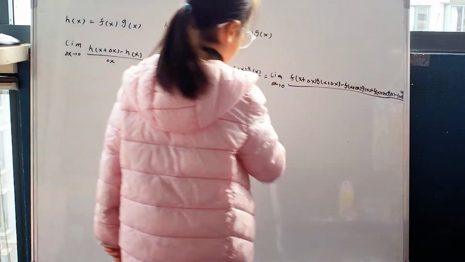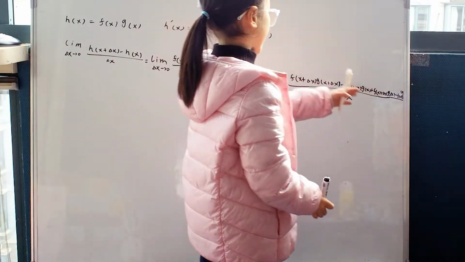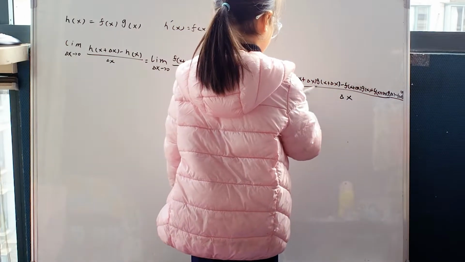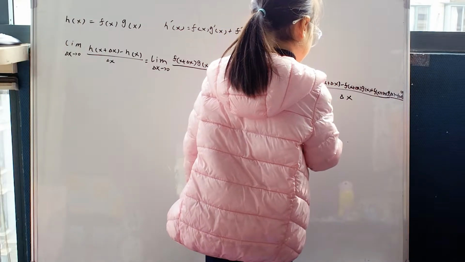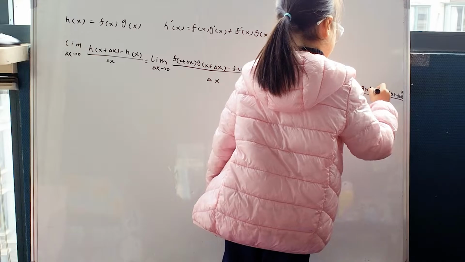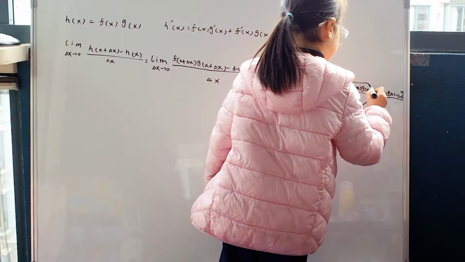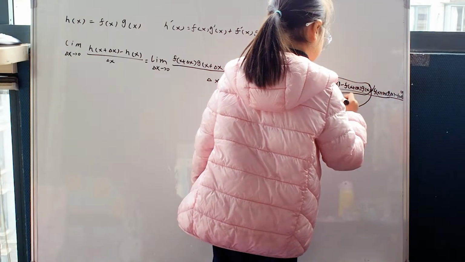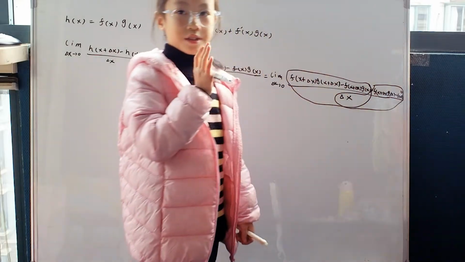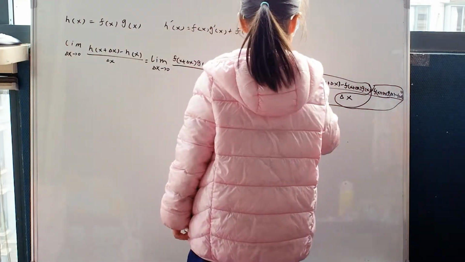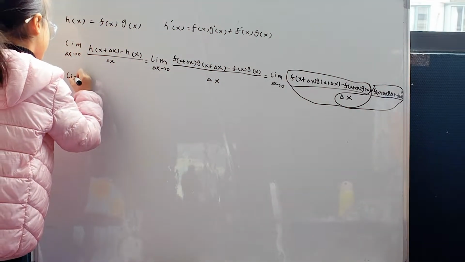Okay, over delta x. Now let's look at the numerator. We can make it into this part and this part, so we can change the limit into two parts.